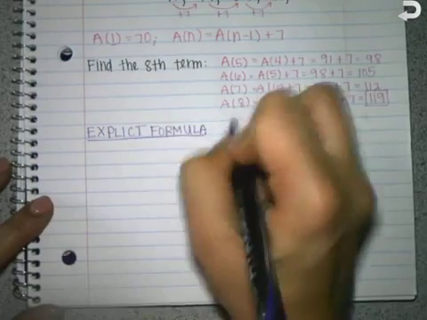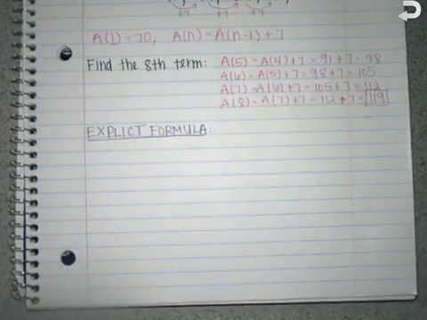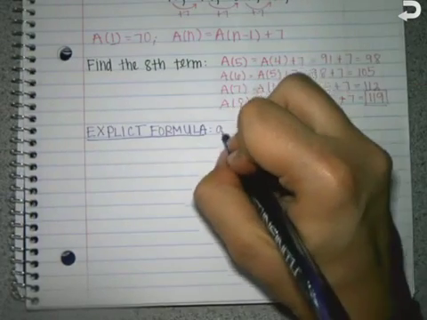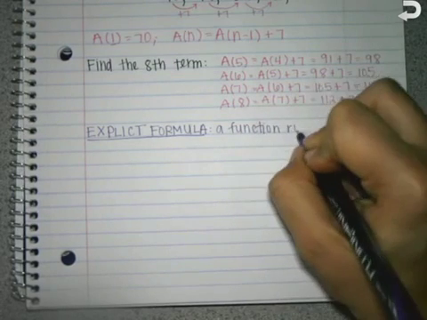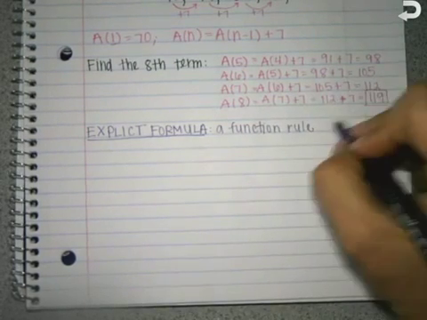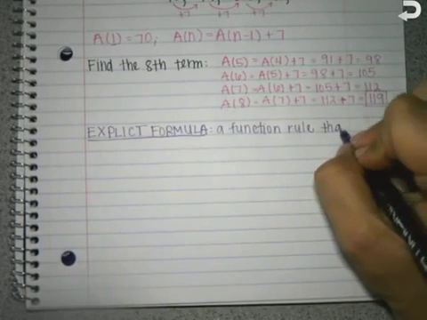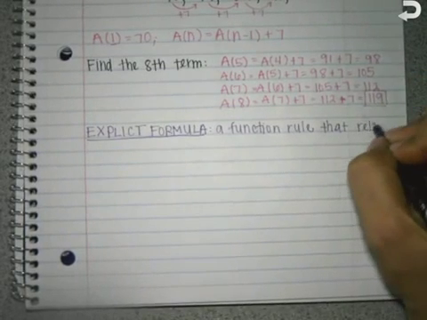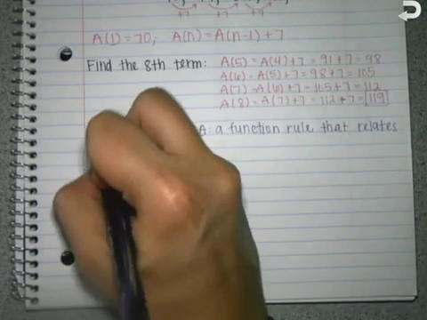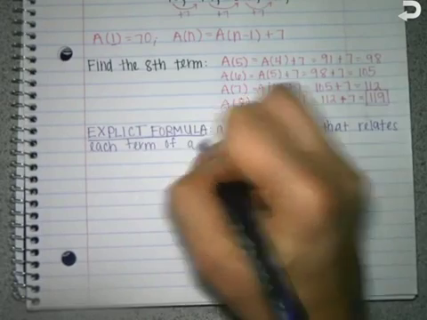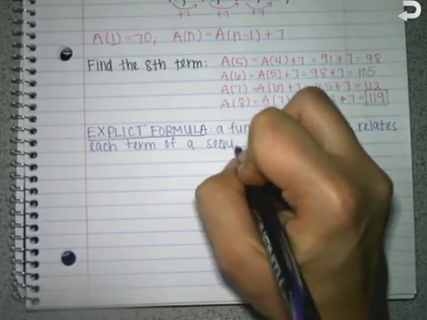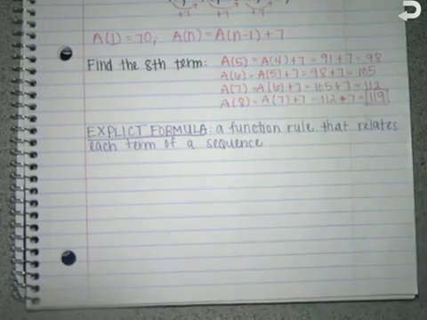Okay, so the definition of the explicit formula is a function rule that relates each term of a sequence to the term number.